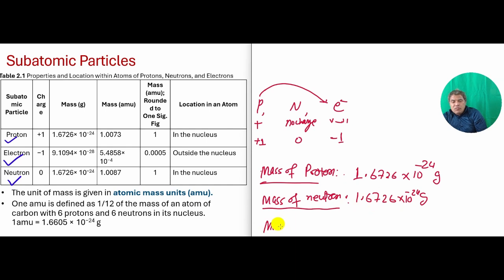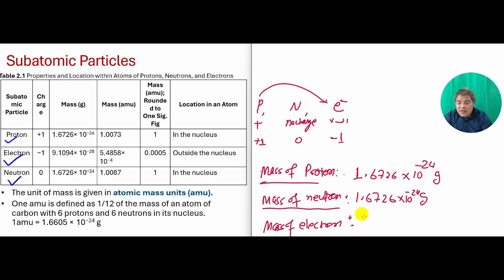And the mass of electron, okay, the mass of electron is very small, about 2000 times lighter, meaning it is much lighter than either the neutron or the proton, okay guys.